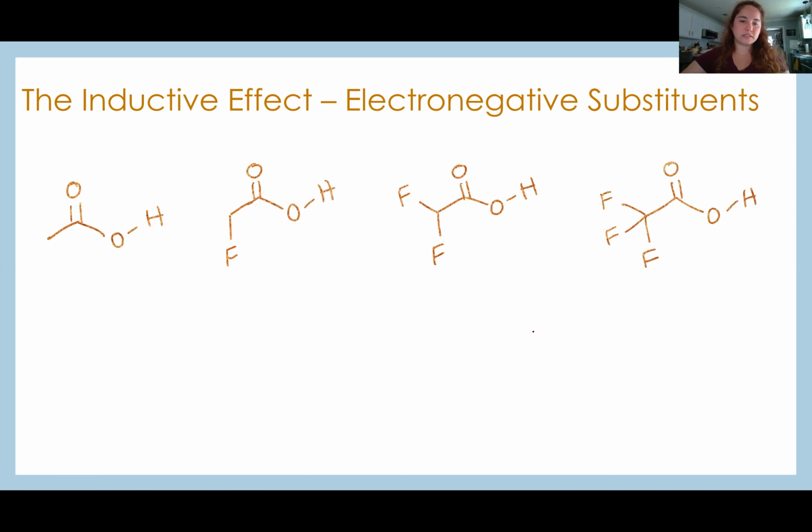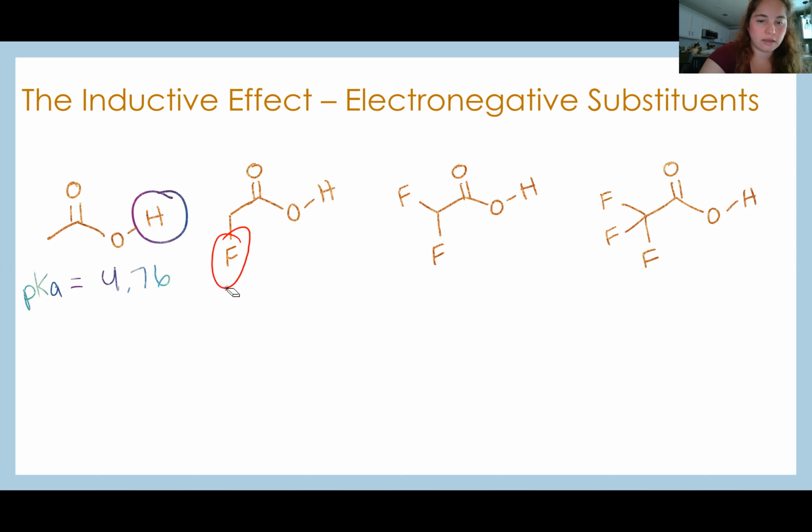So let's think about what's going to happen here. We have just regular acetic acid, which has a pKa of 4.76. If we put on an electronegative fluorine, how is that going to affect the dipole? We have a dipole here. But as far as this part of the molecule is concerned, electron density is going this way as well. So we're focusing electron density right here.